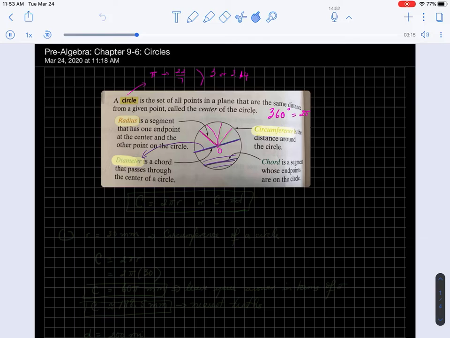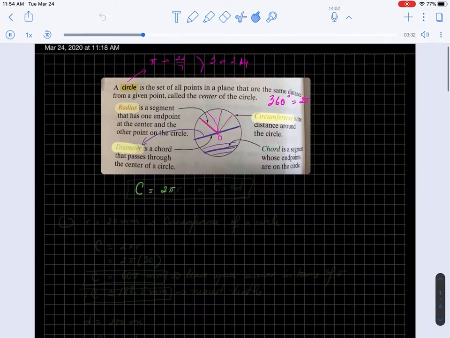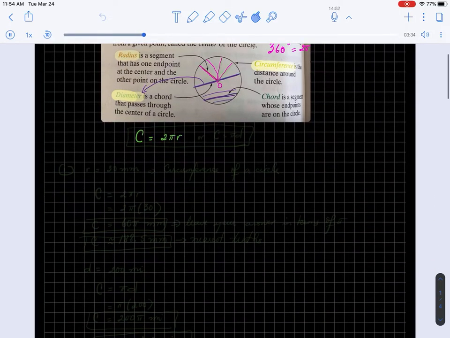The formula that I need you to be familiar with is circumference. Let's say we're going to deal with radius. You're going to have 2 times pi times r. If the question gives you diameter, it is exactly the same thing. I want you to be very familiar with it.